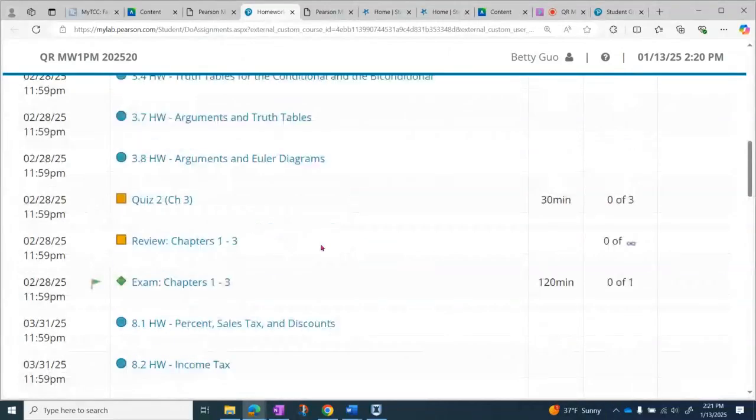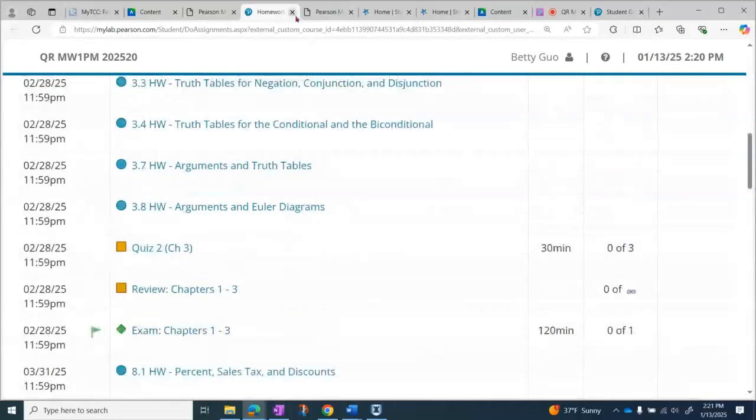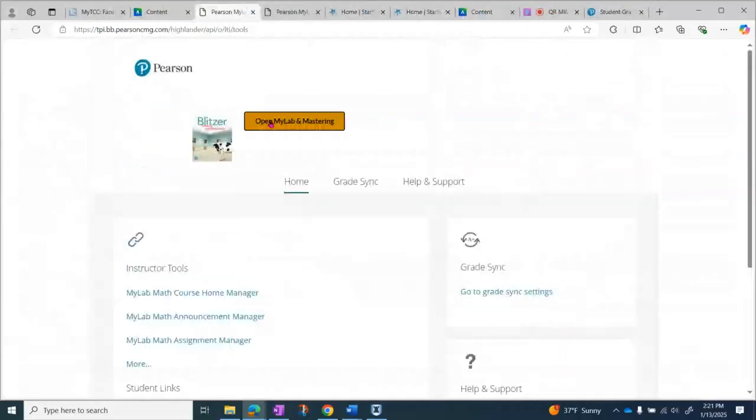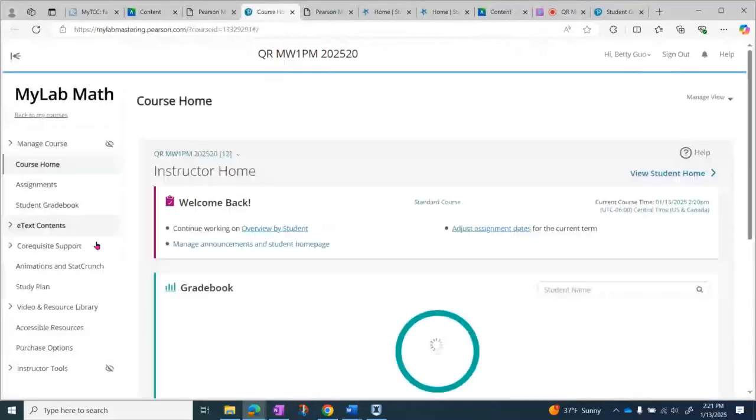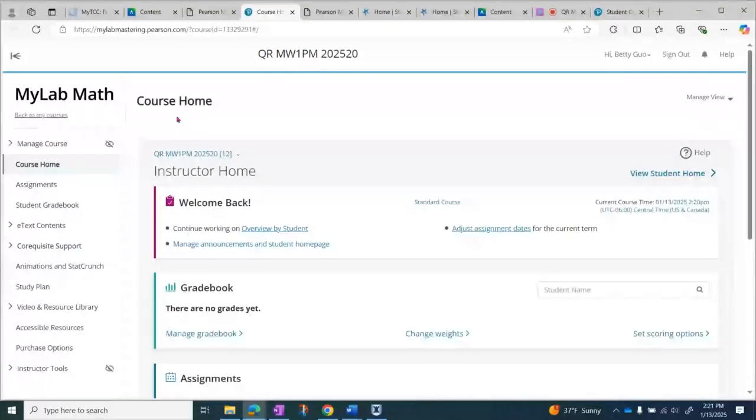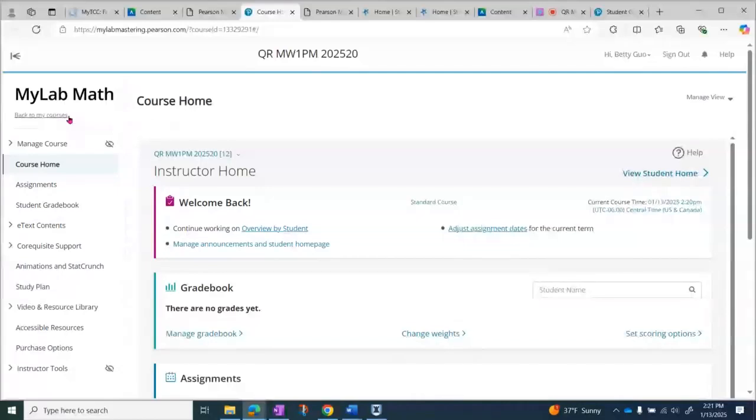Let me show you another way to access your assignments. If you go to this here, you will see the home page of your MyLab Math, and you will have more things available here. E-text is your digital textbook.